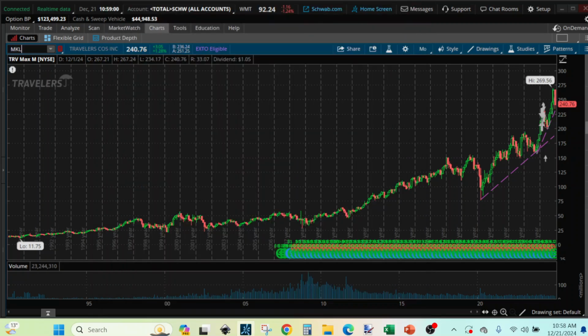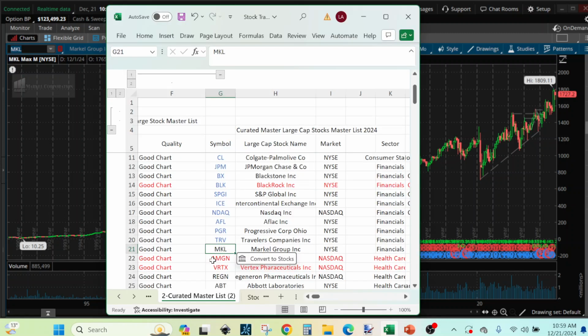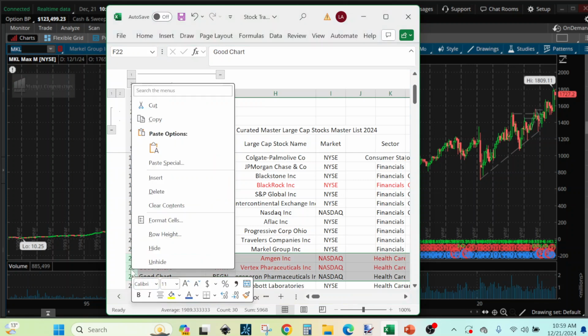MKL. So the price is there above the prior year peak, a keeper. It does have quite a bit of swings though, something to consider. So we analyzed those two. Let's take them out of here already so that we do not repeat them.